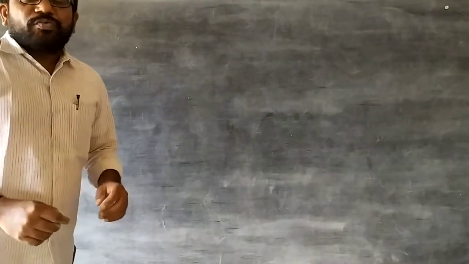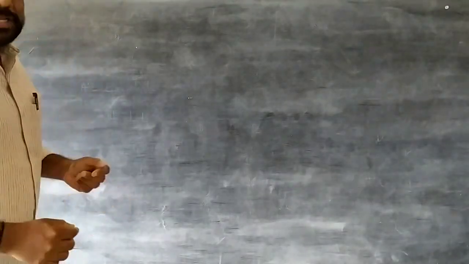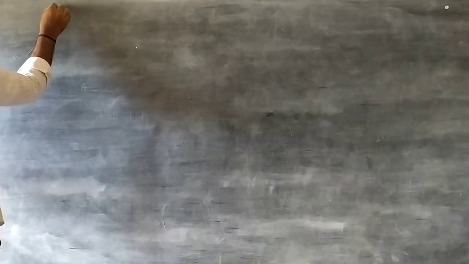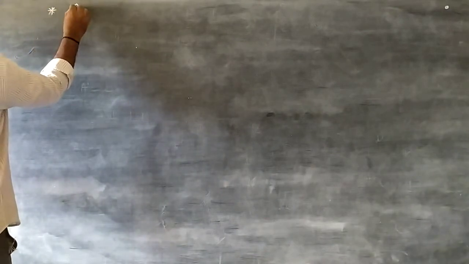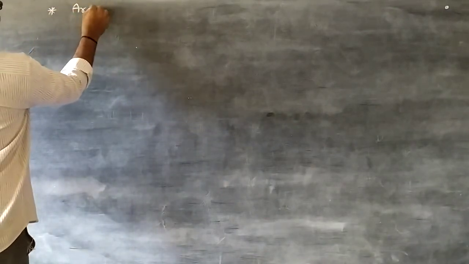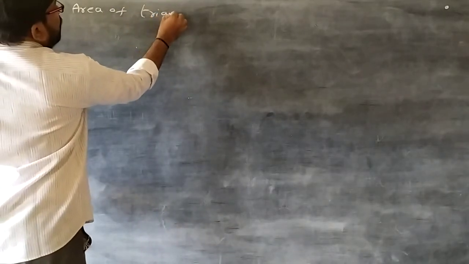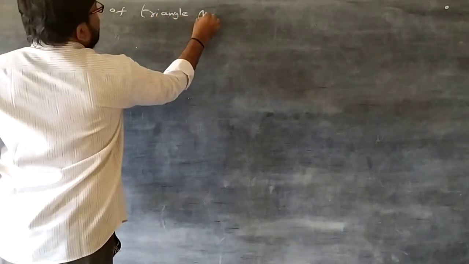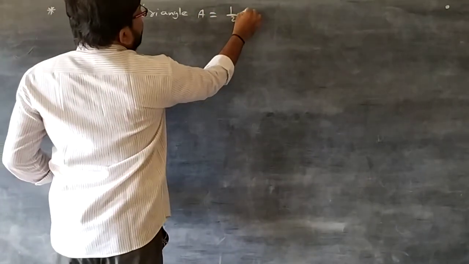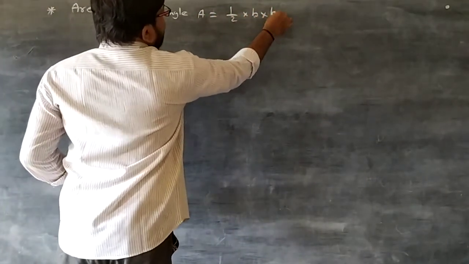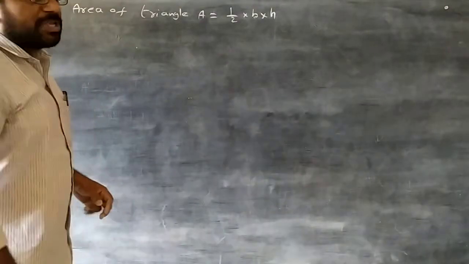So once again we remember all the formulas. Observe carefully. Area of triangle A is equal to half into base into height. B means base, H means height.